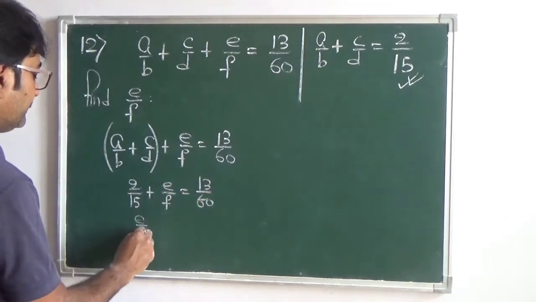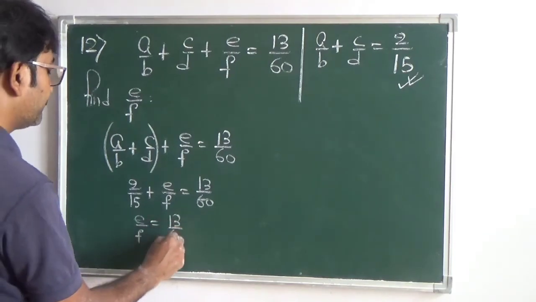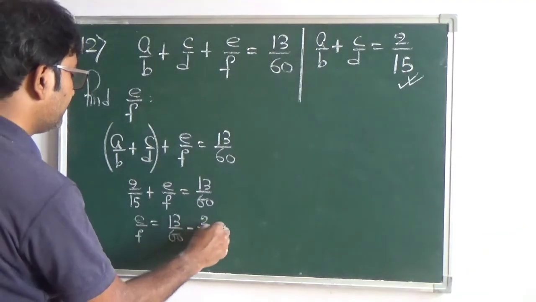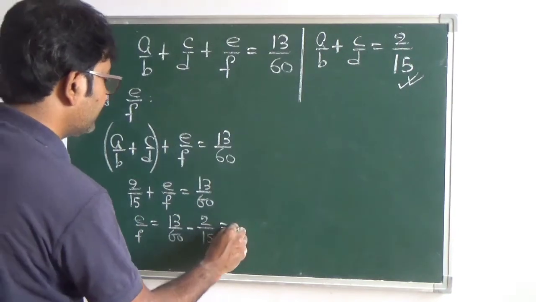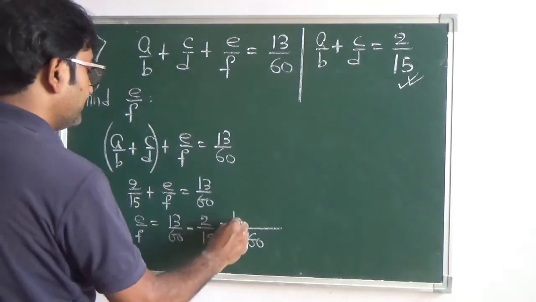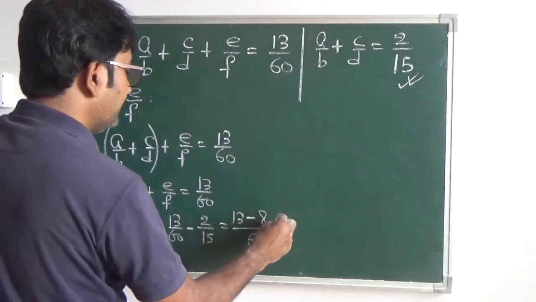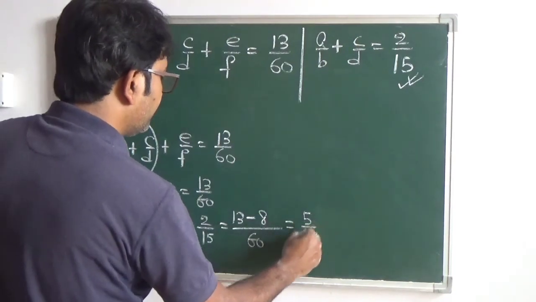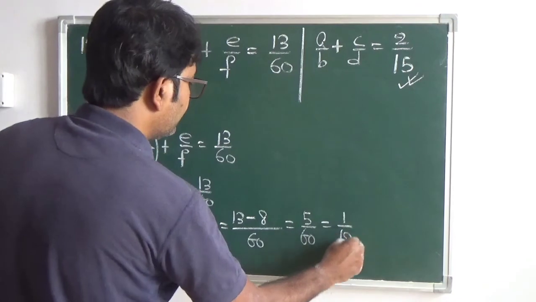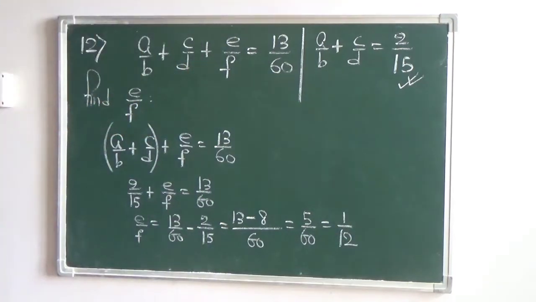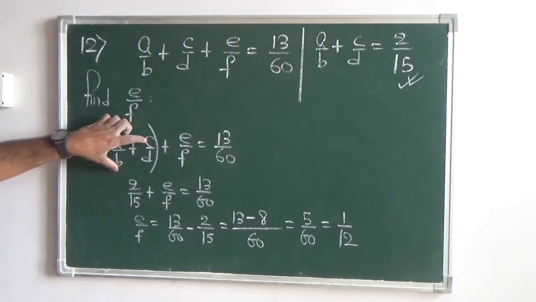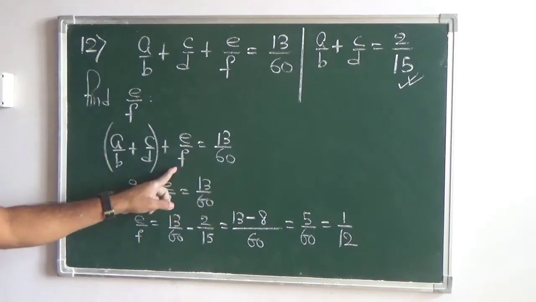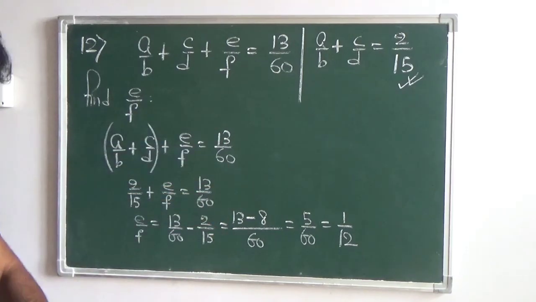So E by F is equal to 13 by 60 minus 2 by 15, and the LCM is 60. 13 minus 4 into 2, 8, this is 5 by 60, and that is 1 by 12. The value of E by F is 1 by 12. You can check it by putting the value 2 by 15 plus 1 by 12, and it will give you 13 by 60. So question number 12 is done.